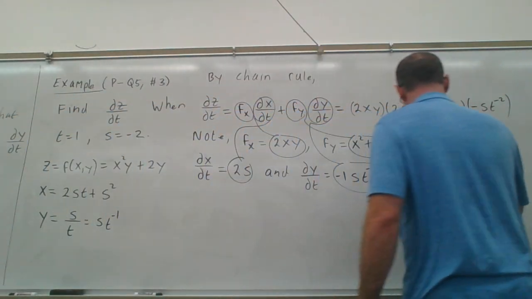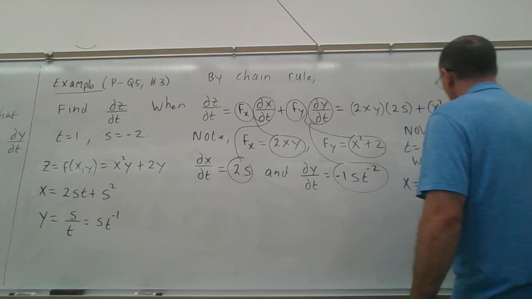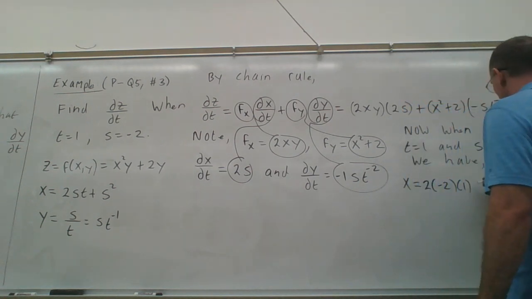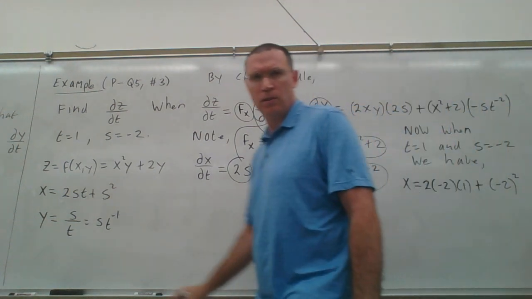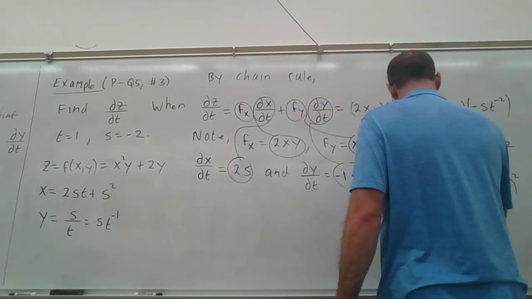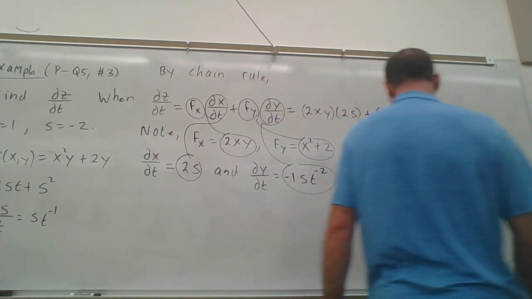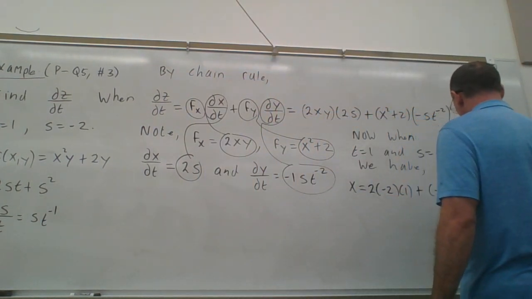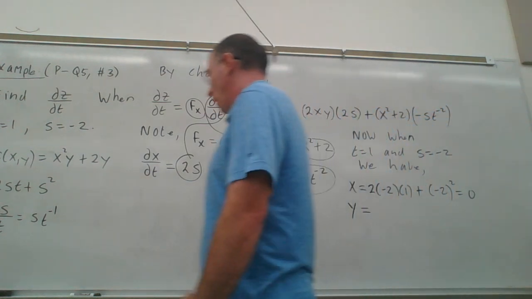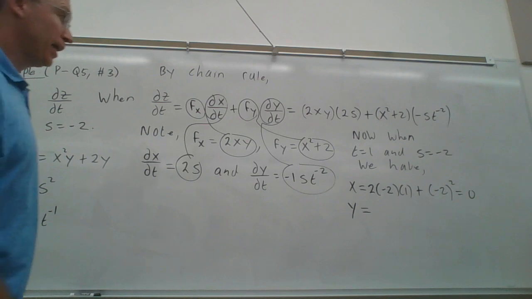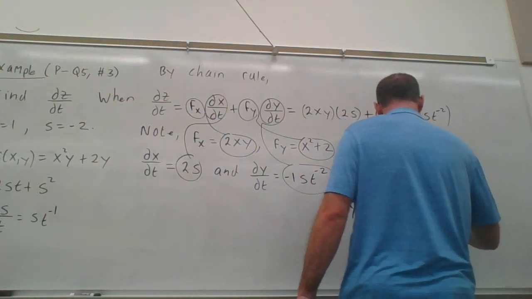So it'll be 2 times s, minus 2, times t, 1, plus s squared, minus 2 squared. So simplifying that, that's going to be 0 for this one. And y, so the y was s over t, so putting negative 2 in place of s, minus 2 over t, 1, so it'll be minus 2.